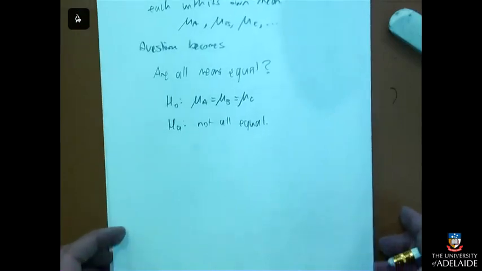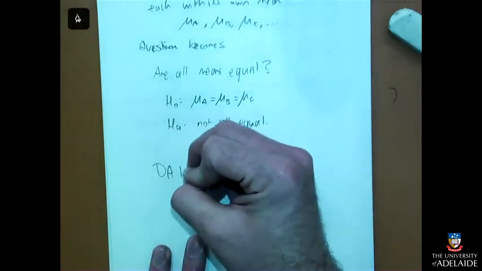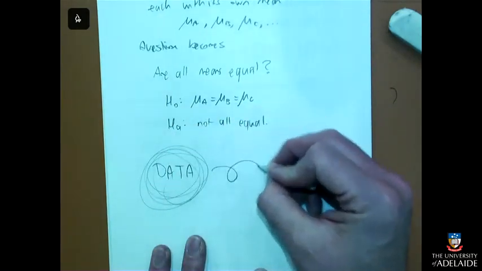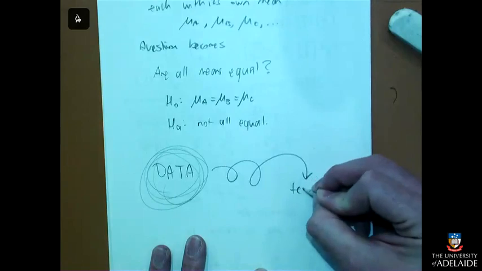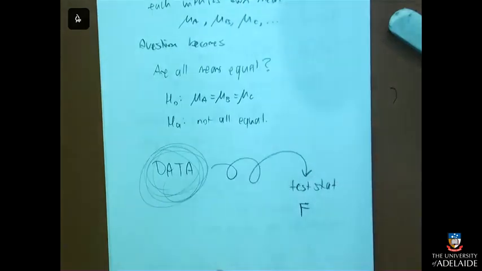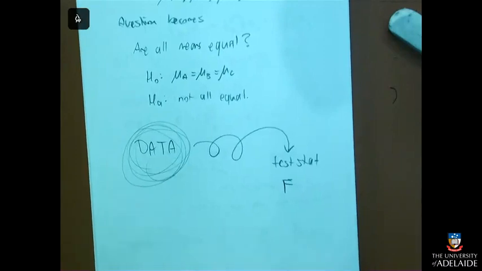So I need to turn all of my data, all that data I drew before, into a test statistic. In ANOVA it's called F, after Fisher, who invented ANOVA. It must be a test statistic in such a way that I know what this distribution is if the null hypothesis is true.